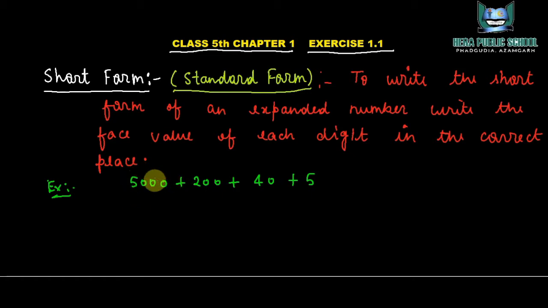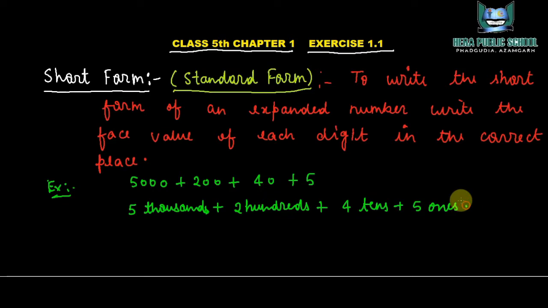So this is 5000, so we will write 5000 plus 200, that is 2 hundreds, plus 4 tens. 4 tens means 4 times tens, that means 40, and 5 ones.